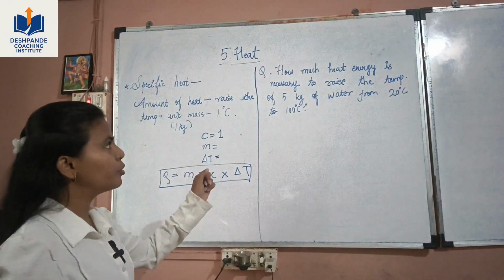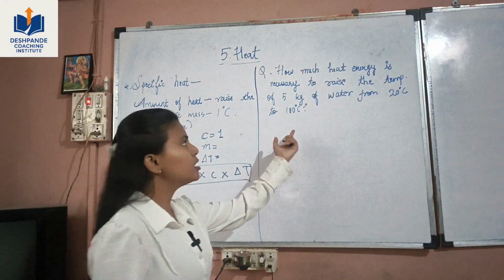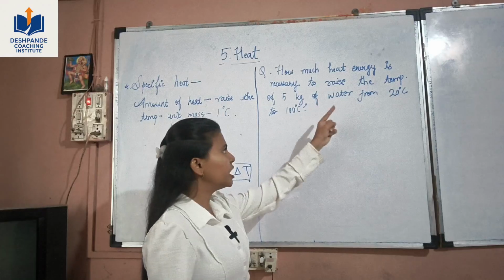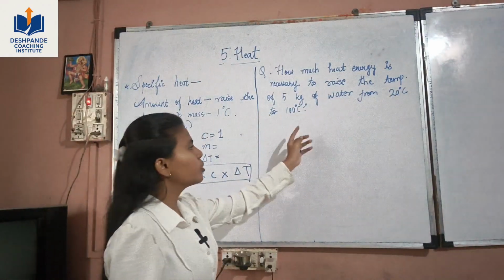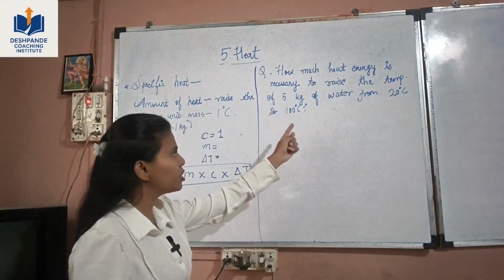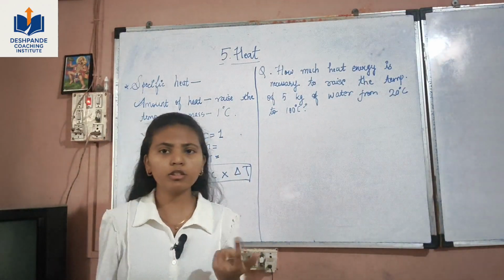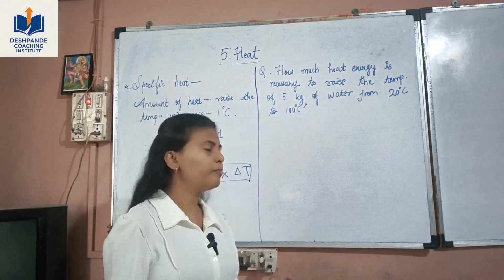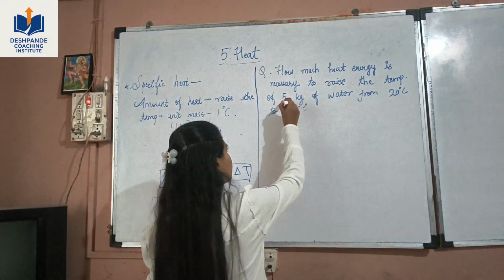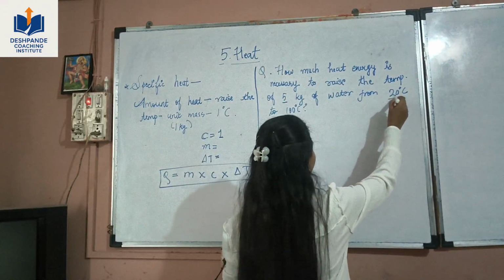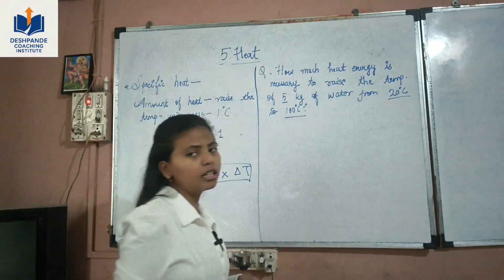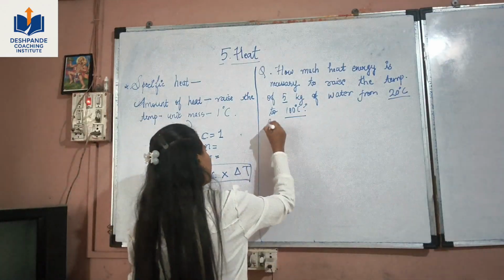So let's now move to the numerical. I'll first read it out. How much heat energy is necessary to raise the temperature of 5 kg of water from 20 degrees to 100 degrees? First of all, let's note down what is given. We see three values: 5, 20 degree and 100 degree.